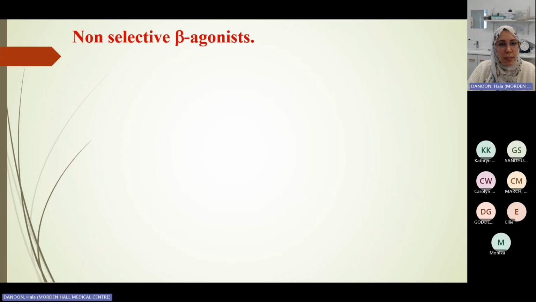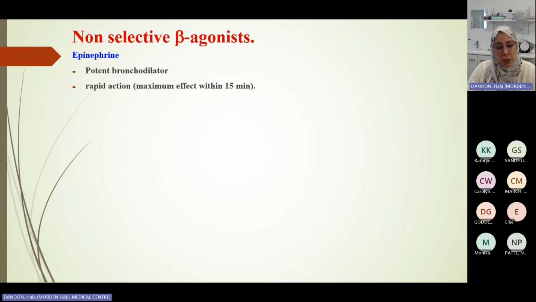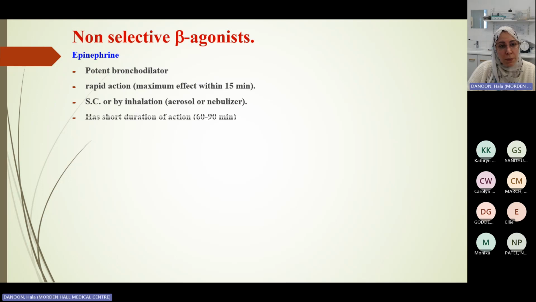Now, talking about the non-selective beta agonists, like epinephrine, it's a potent bronchodilator. It has a very rapid action, and the effect will only last for 15 minutes. It's very much like the fight and flight response in the body. It needs to be given by subcutaneous route or by inhalation.